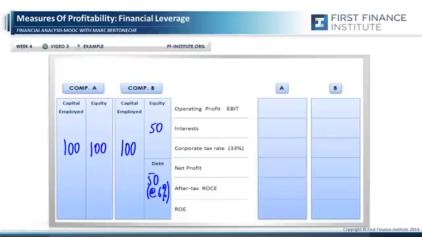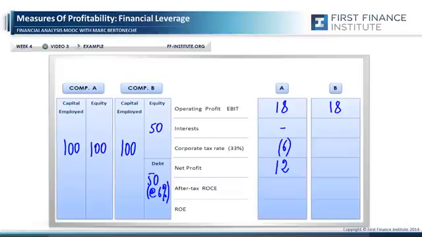Now, if we look at the P&L of these two companies, let's assume the EBIT of company A is 18, and obviously 18 also for company B, because they're similar companies. Company A has no debt, so no interest. With a 33% corporate tax rate, the tax is 6, put in brackets to show that it's negative, and therefore a net profit of 12.